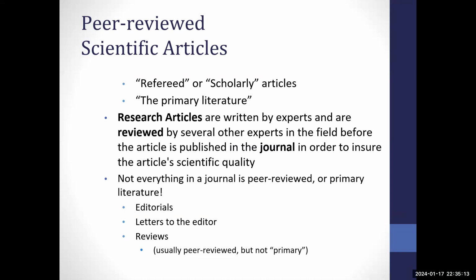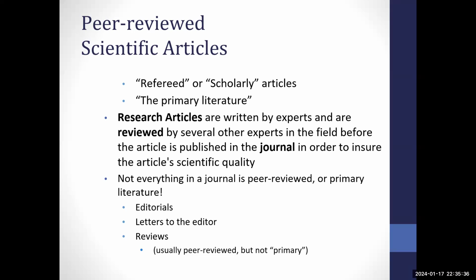When we say peer-reviewed scientific articles, what we're referring to are articles that are refereed or scholarly. They are called the primary literature because they are research articles that are written by experts and are reviewed by other experts in the field and then published in a journal.